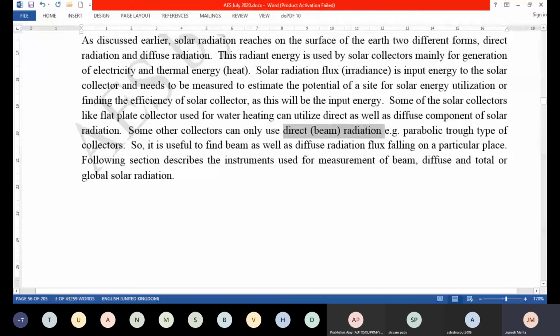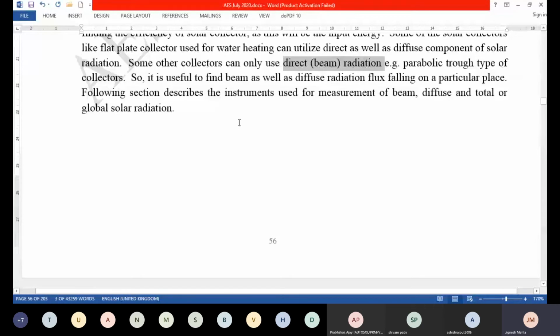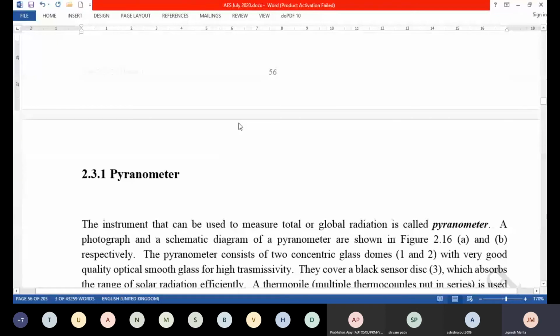We are assuming that the sky is isotropic. That is, the diffuse radiation is coming from 180 degrees, the half sphere, hemisphere, equally from all the sides. That is the assumption that we have to make almost all the time. So that diffuse radiation component is also to be considered, and direct plus diffuse gives you the total radiation falling on the surface of the earth.